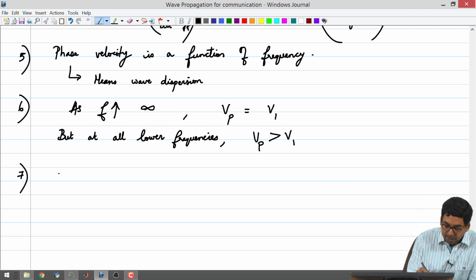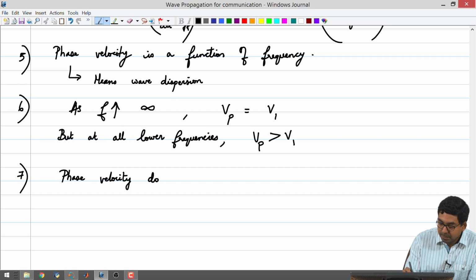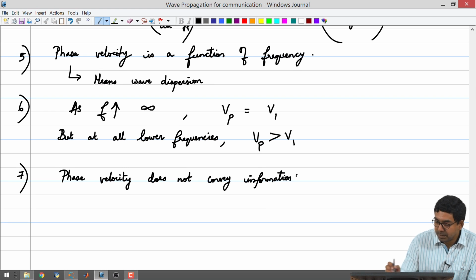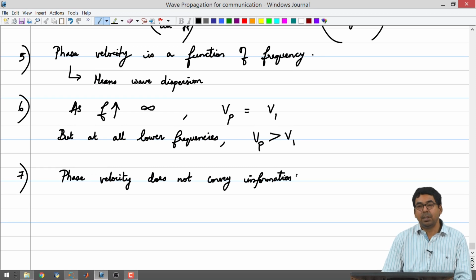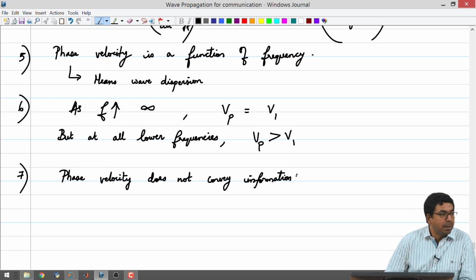So, the general notion here is that the phase velocity does not convey information. This is what normally we say, phase velocity does not convey information, but what does that mean, right?